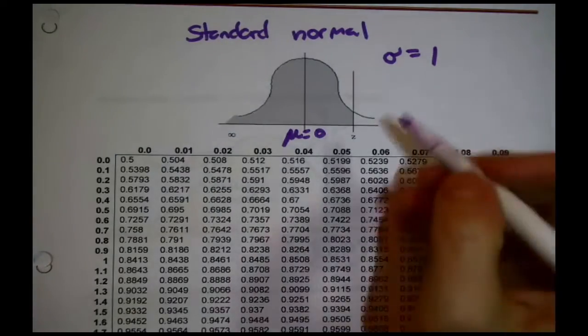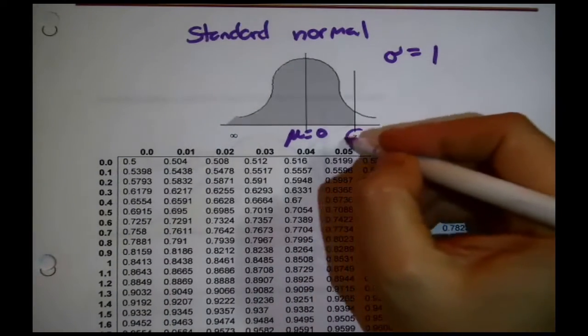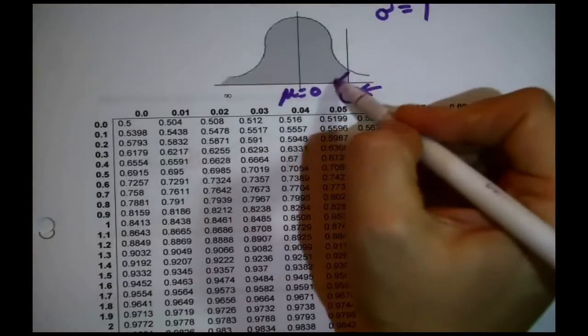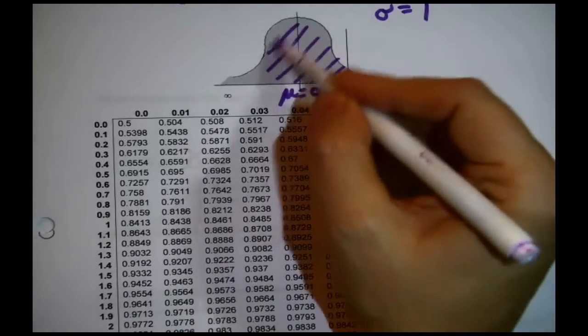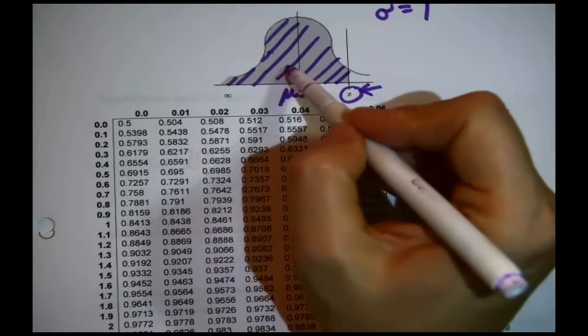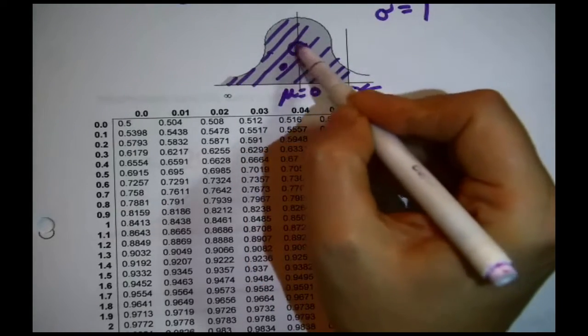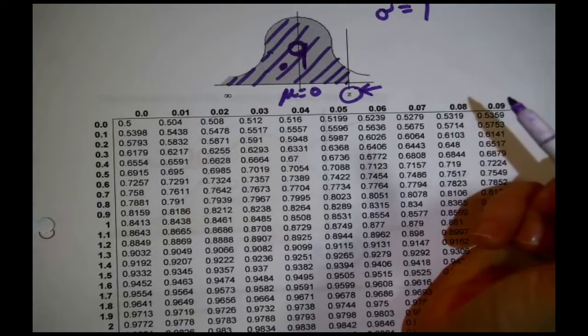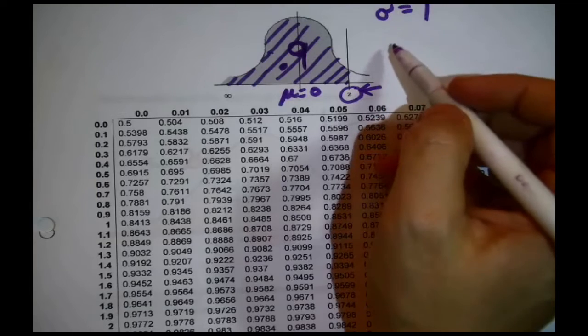What this table says is that if you look up any certain number z over here, it tells you exactly how much is shaded in here. We wish our curve fit that description exactly, because we're looking for 90% of the curve to be this right here. But our curve doesn't fit that exactly.